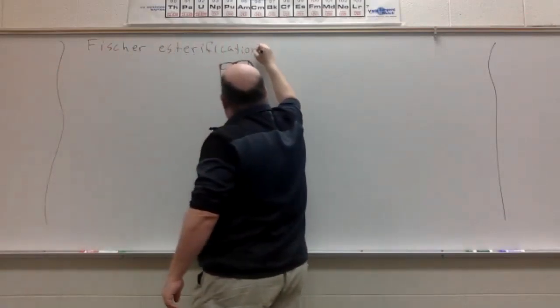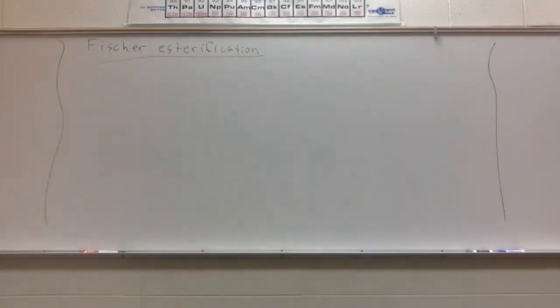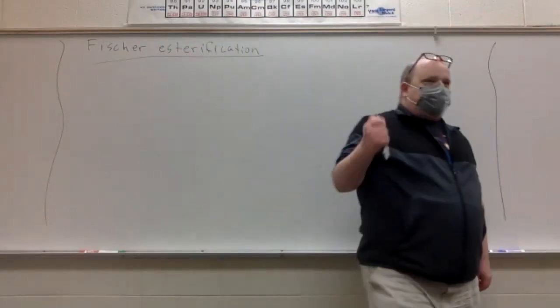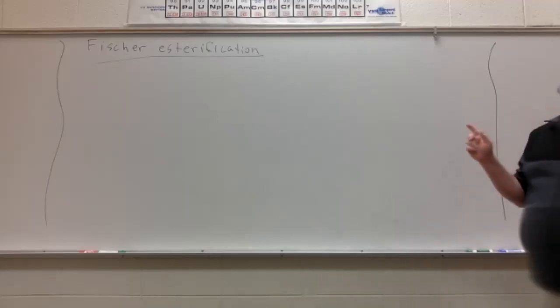The first one's called Fischer esterification. You can probably figure out what we're making here, I hope. What are we trying to make? An ester, yeah. This reaction is very similar to one that you learned back in chapter 21. It's very similar to the formation of an acetal.